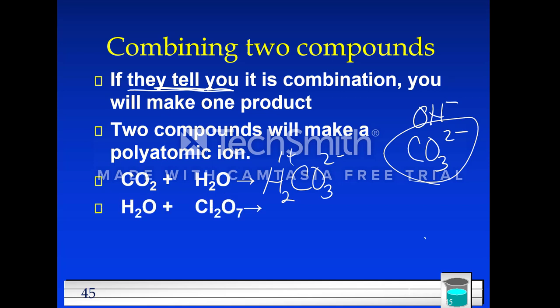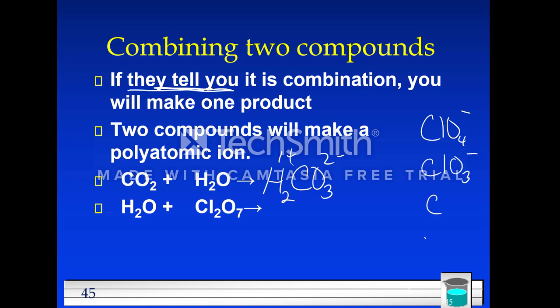Here's about the nastiest one I could give you. Water plus dichlorine heptoxide. And it turns out there's a whole bunch of polyatomic ions that have chlorine and oxygen in them.